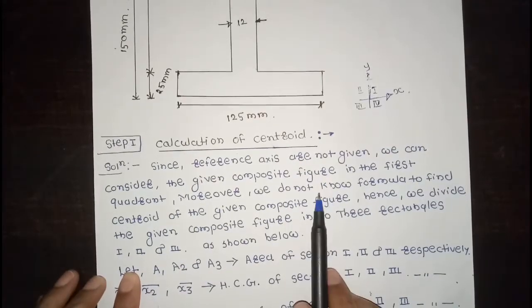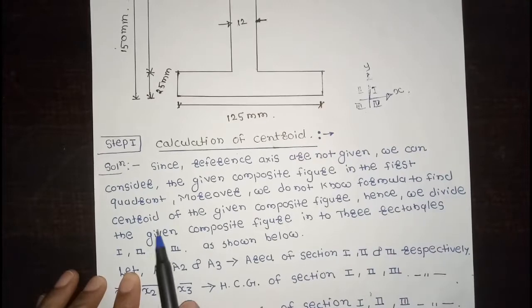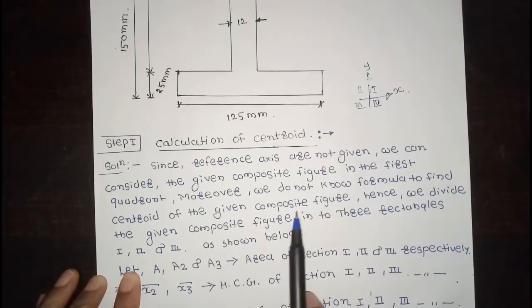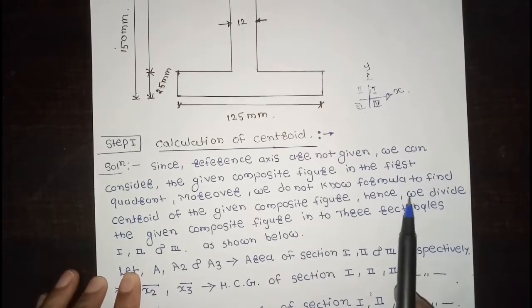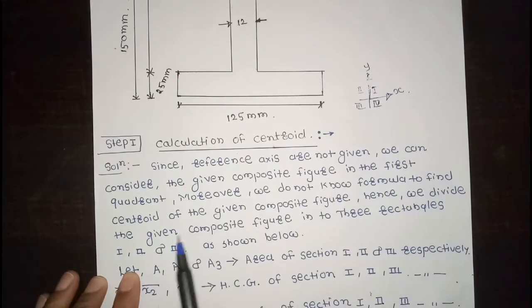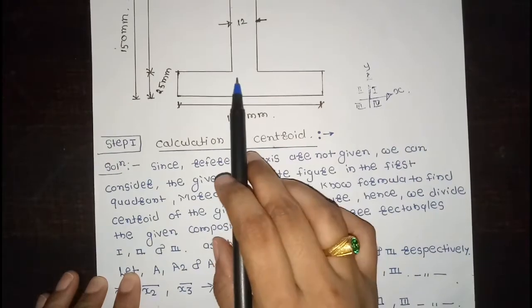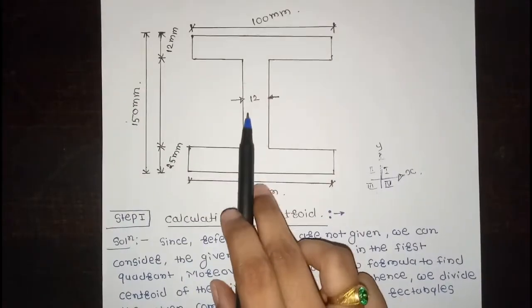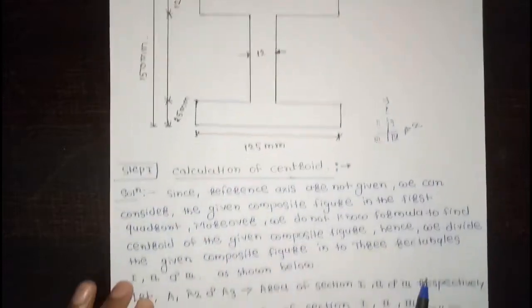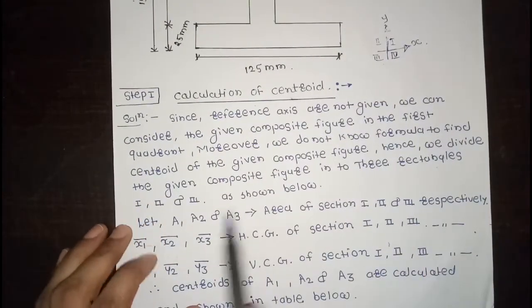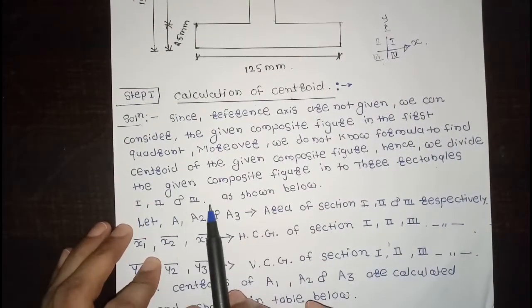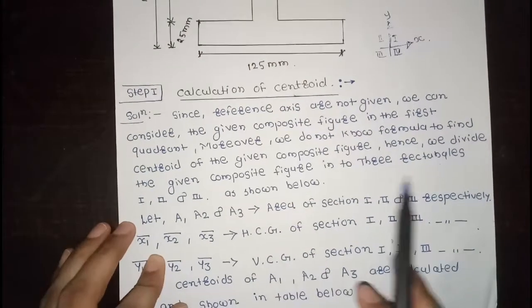Moreover, we do not know the formula to find the centroid of the given composite figure. Hence, we divide the given composite figure into three rectangles, means bottom section, web section and flange section. Three rectangles, first, second and third, as shown below.